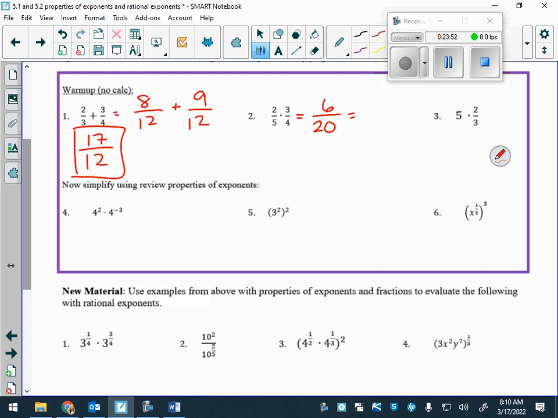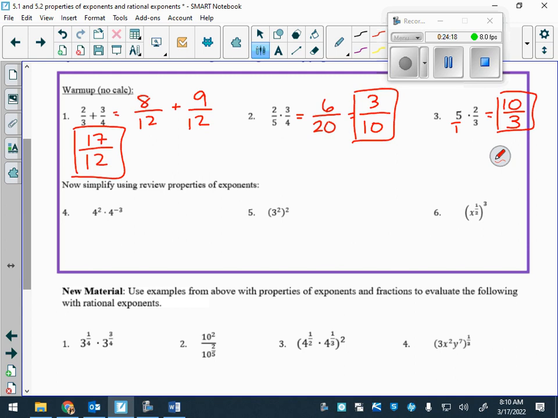To what? Nick? 3 over 10. Good. Okay. Then in number 3, that 5 by itself is over what? 1. So now can I still just multiply across? Yeah. 10 over 3. Good.